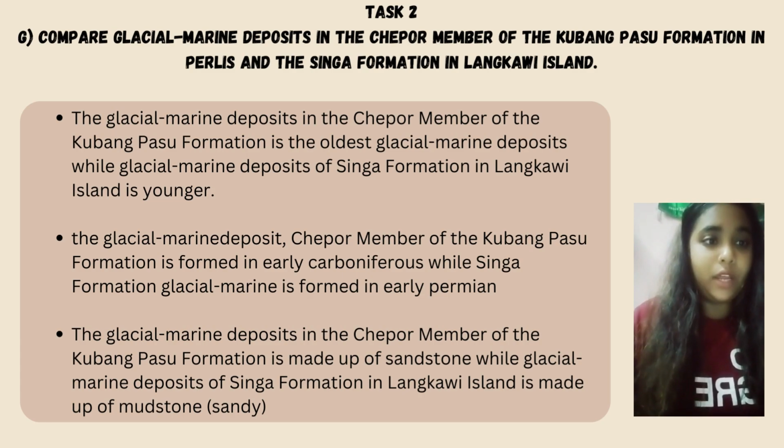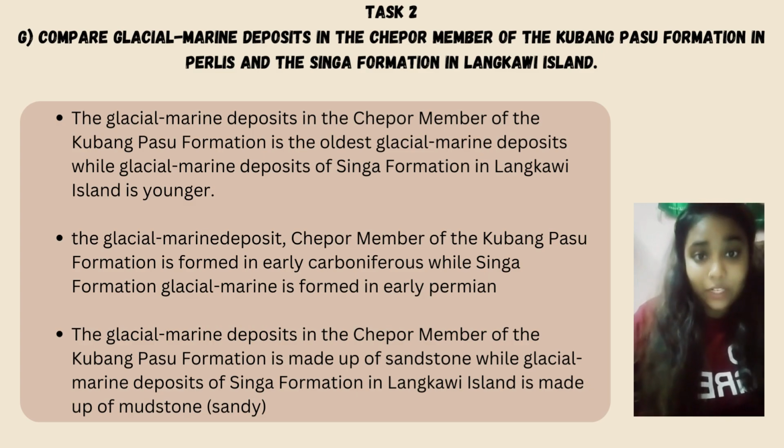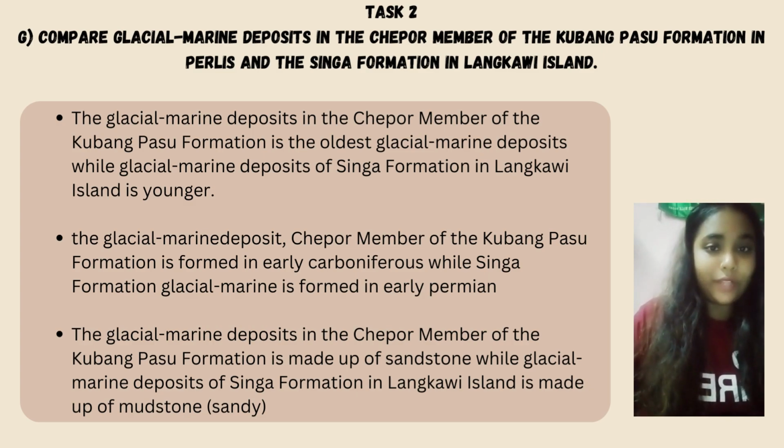Next, the period of formation of glacial marine in the Cepor Member is the Carboniferous period, while the Singa Formation glacial marine formed in the early Permian. And finally, the rock unit in the Cepor Member Kubang Pasu glacial marine is sandstone, while in the Singa Formation in Langkawi it is made up of mudstone. So that's all from me.